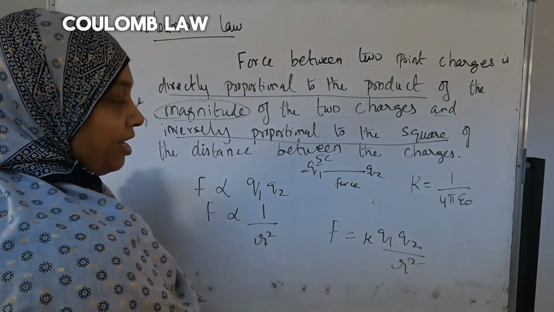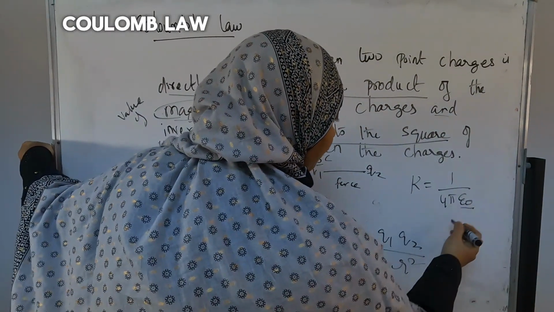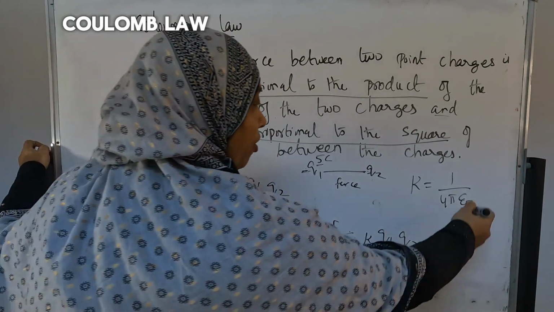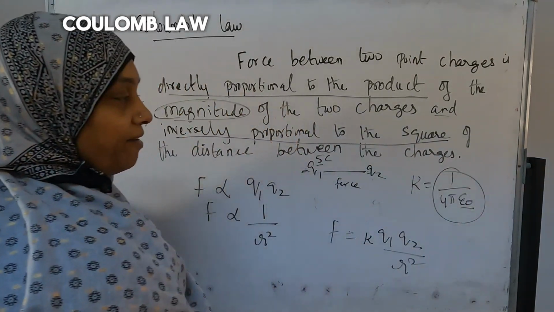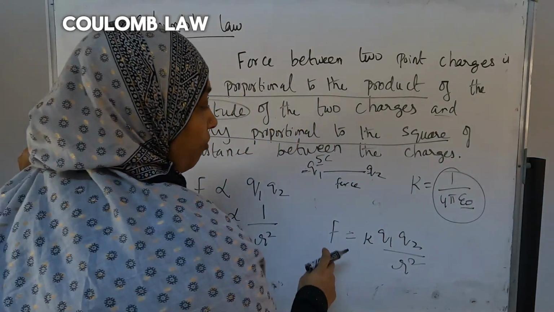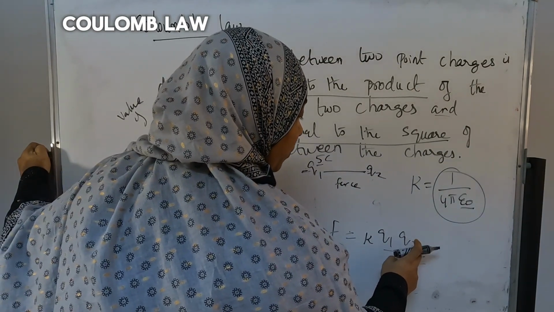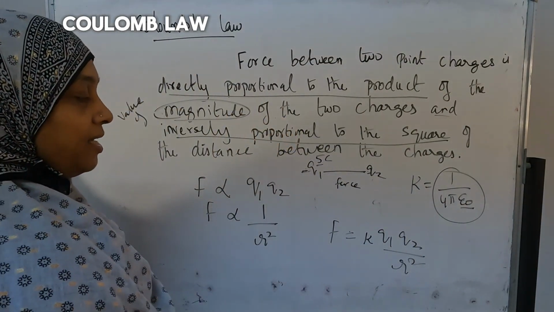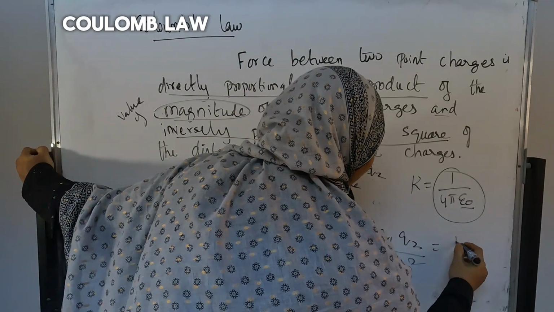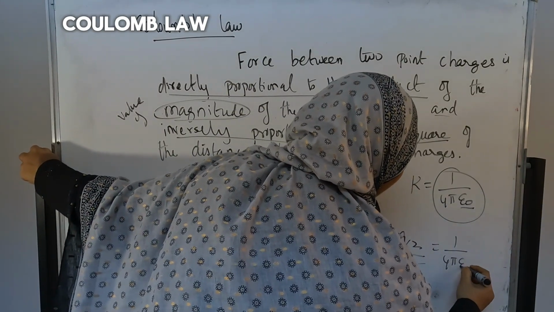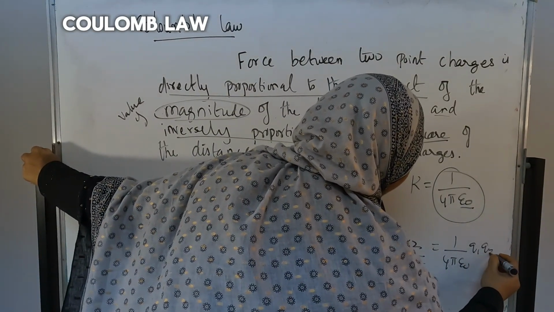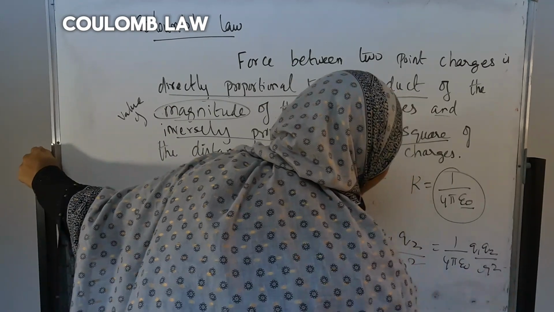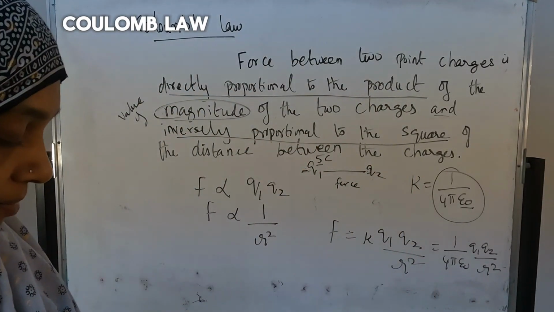It has a value also, which we will see, and 1 by 4 pi epsilon naught together also has a value, which we will see. So force is K Q1 Q2 by R square. We can write this as 1 by 4 pi epsilon naught Q1 Q2 by R square. This is Coulomb's law.